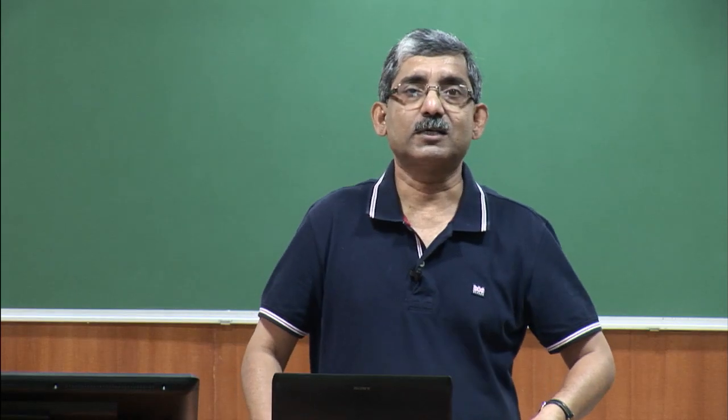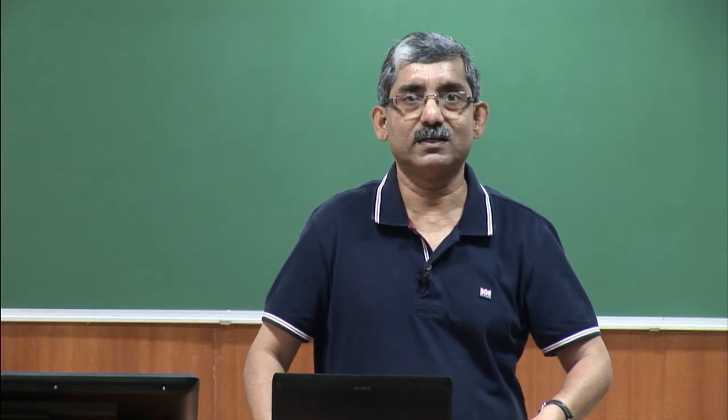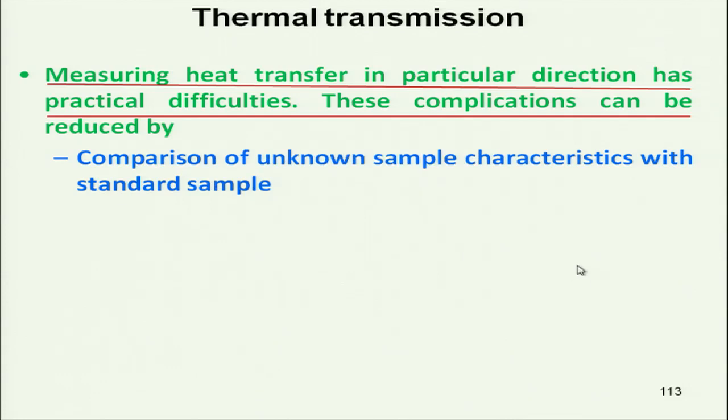Now, as far as thermal transmission is concerned, we can measure moisture vapor, air or water transmission by controlling the direction of flow. Like water flow through a pipe, which is unidirectional, we can control the direction, even for air or moisture. But the problem of thermal transmission measurement is that we cannot control the direction.